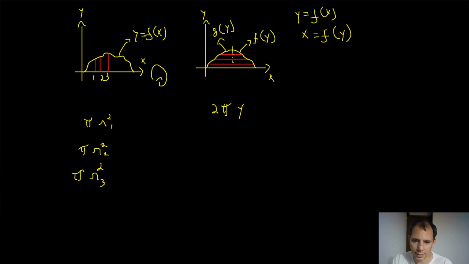Why is it y? It's this distance here, okay? The distance from this bar here to the x-axis. 2 pi y times this length. And what's going to be this length? It's going to be f of y minus g of y. Okay? So you're going to do it like that.